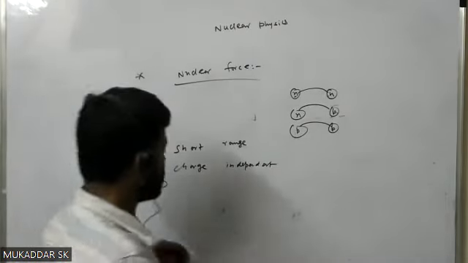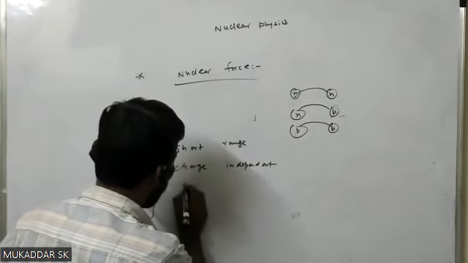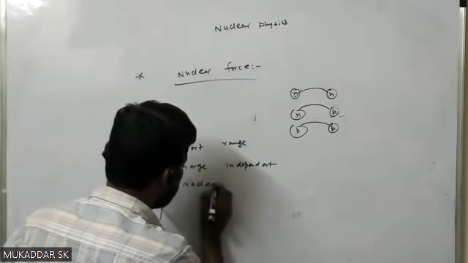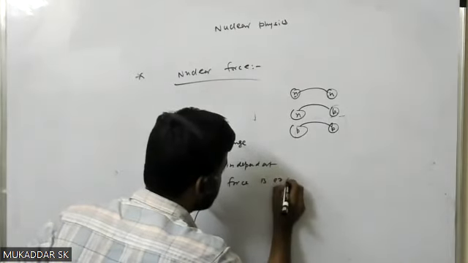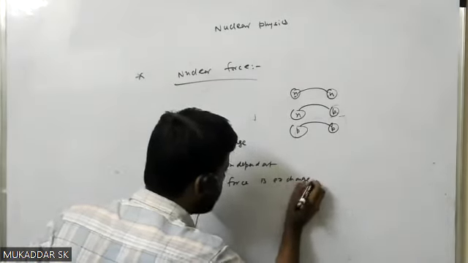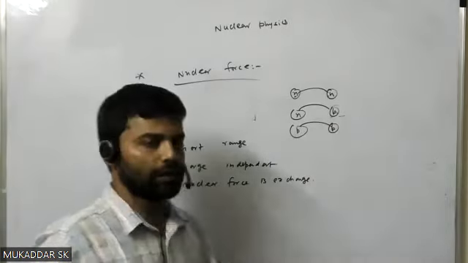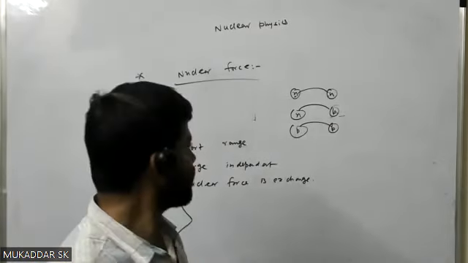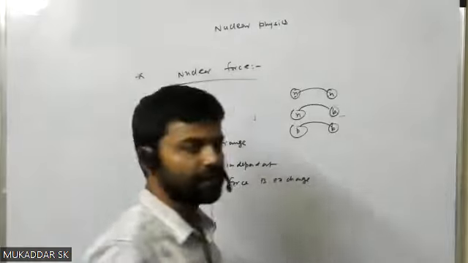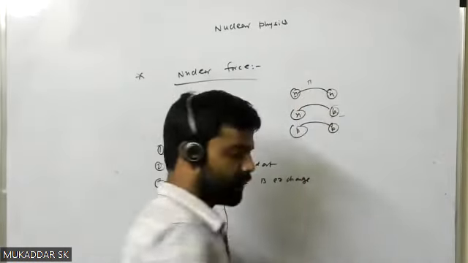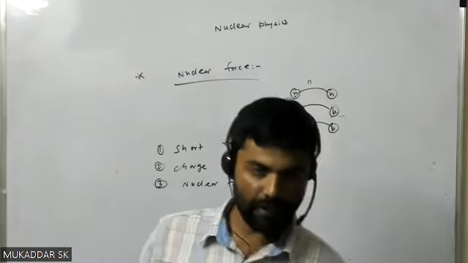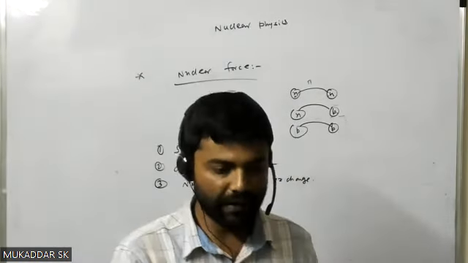Nuclear force is exchange force. Why is it called exchange force? Because two nucleons experience nuclear force by the exchange of pions. It's like, I'm giving you an example. Suppose me and you, we are playing catch.